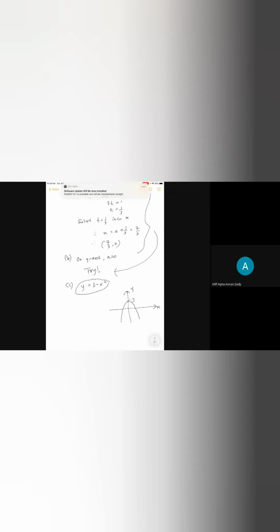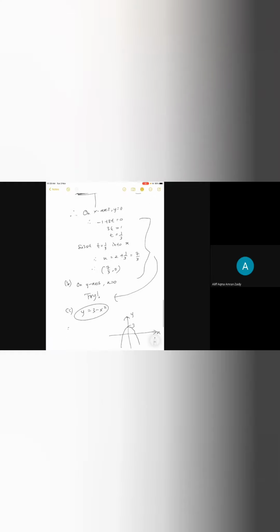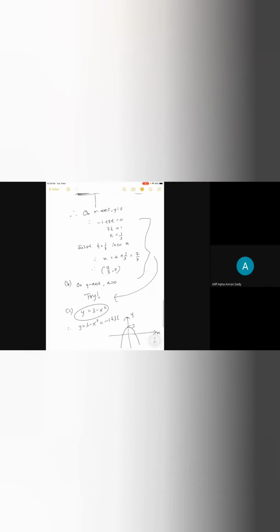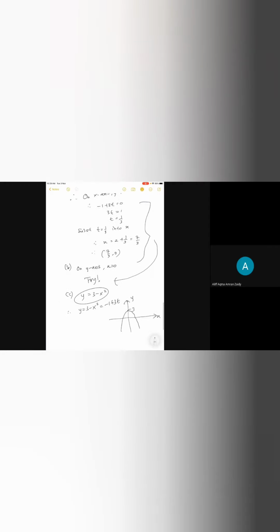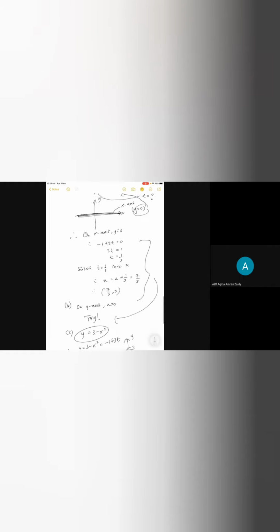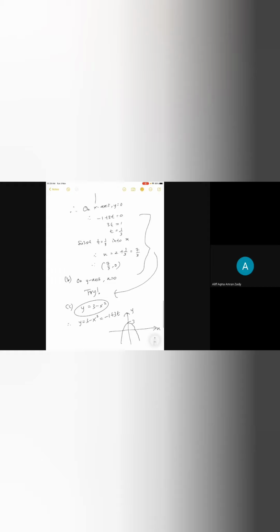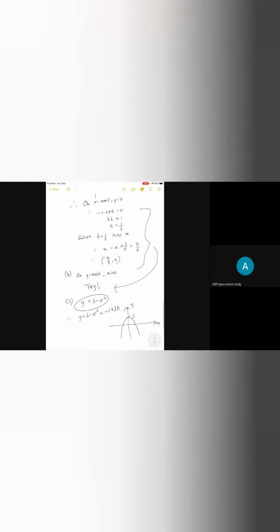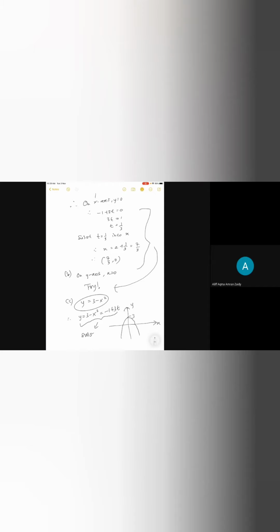Bukan x kosong, bukan y kosong, tapi y equals to 3 minus x squared. Okay, so tadi apa? So y equals to 3 minus x squared sama dengan negatif 1 tambah 3t. Okay, so you arrange daripada sini and then substitute into x.